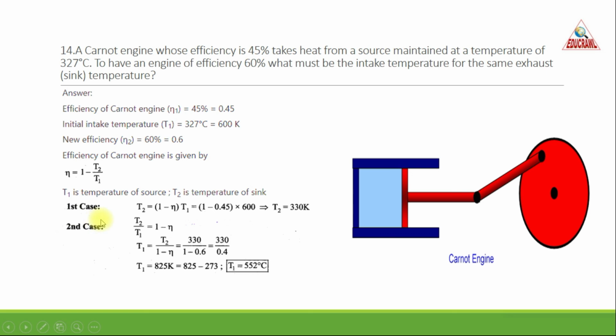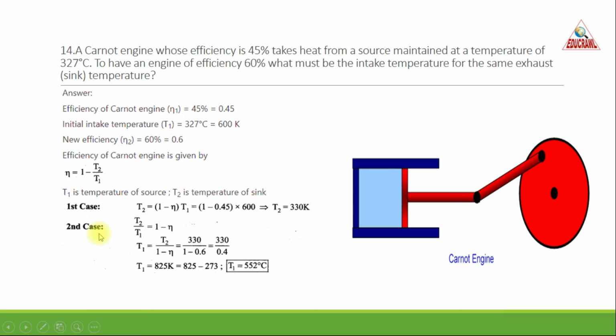In case 1, reversing the efficiency formula, we find T2 is equal to 1 minus eta into T1, which is 1 minus 0.45, that is substituting the first efficiency, into 600, which is equal to 330 Kelvin. This is the temperature in the first case where the efficiency is 45%.